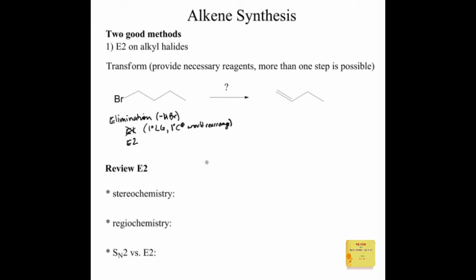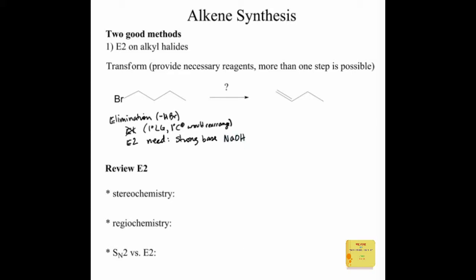E2 elimination is where some strong base attacks in a single-step mechanism, attacking the beta hydrogen, forming the pi bond, and kicking off the leaving group. So that's our E2. What we need here is a strong base. If you had to think about a strong base, maybe sodium hydroxide comes to mind.